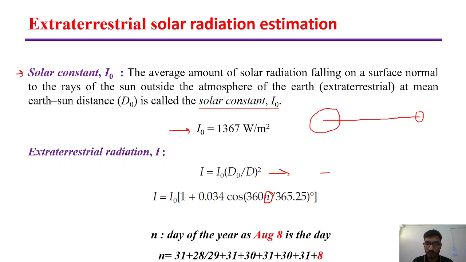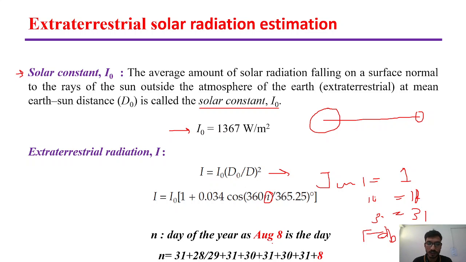For example, for January 1, n will be 1. Likewise for January 10, n is equal to 10, and for January 31, n is equal to 31. For February 1, the value will not be 1, it will be 31 plus 1, so 32.